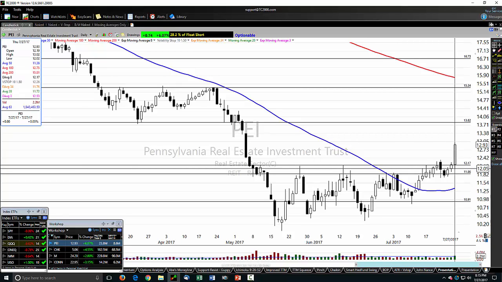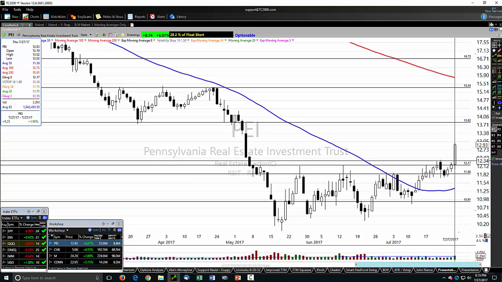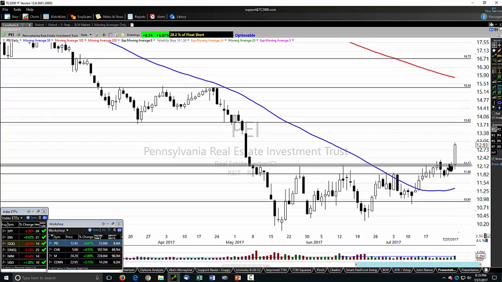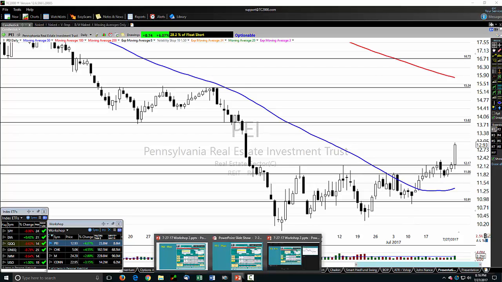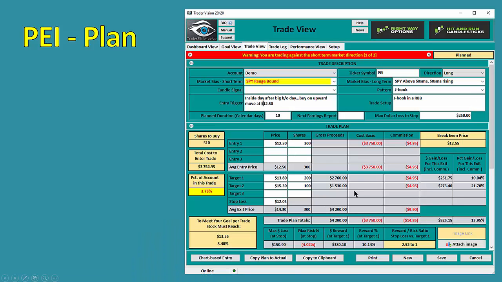And just for validation, V-stop says I could even have a higher stop, but I'm going to start out initially and use that support level to protect my stop, particularly since I'm looking for an inside day entry. So with those parameters, what does it tell me?